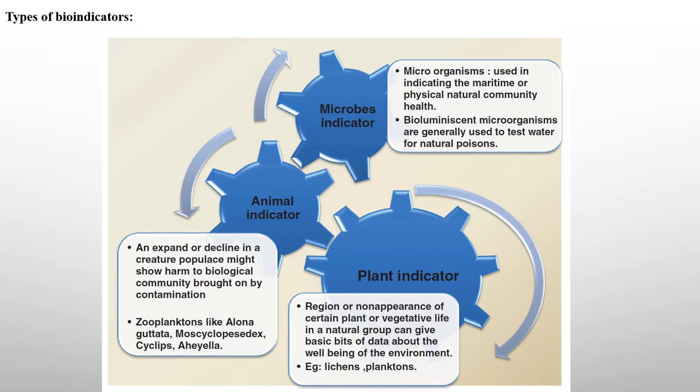In the presence of a toxin, the digestive system of these microbes gets hindered, and the amount of light they produce through bioluminescence decreases. So a decrease in the bioluminescence can be used as an indication of the presence of a pollutant in the marine environment.